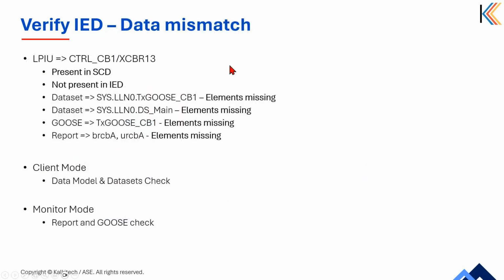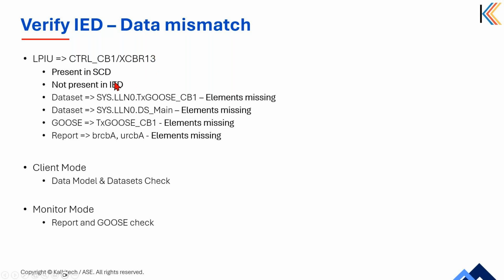And to identify the use cases, we have simulated a scenario where one of the logical node is missing in one device, LPIU. So we will be simulating LPIU in the test set as a server side. So we'll be removing this XCBR13 from LPIU.